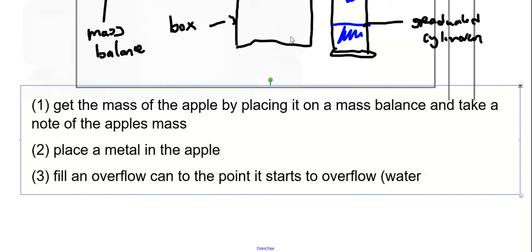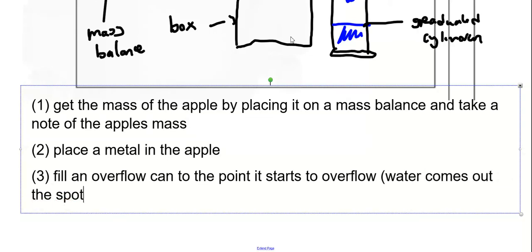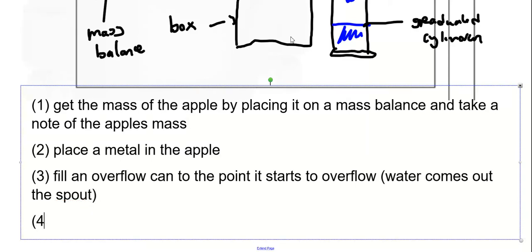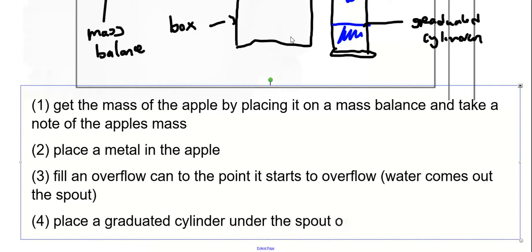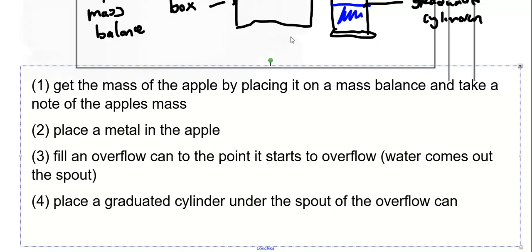Water comes out the spout, you mean? 4. Place a graduated cylinder under the spout of the overflow can. Number 5.